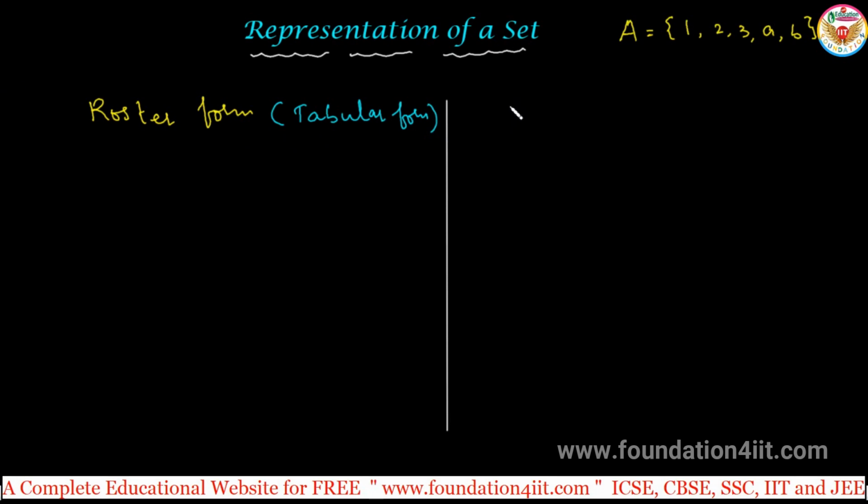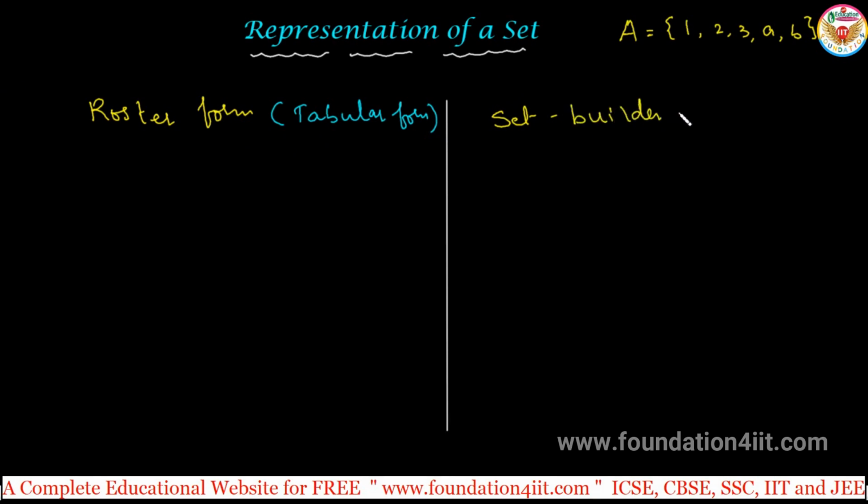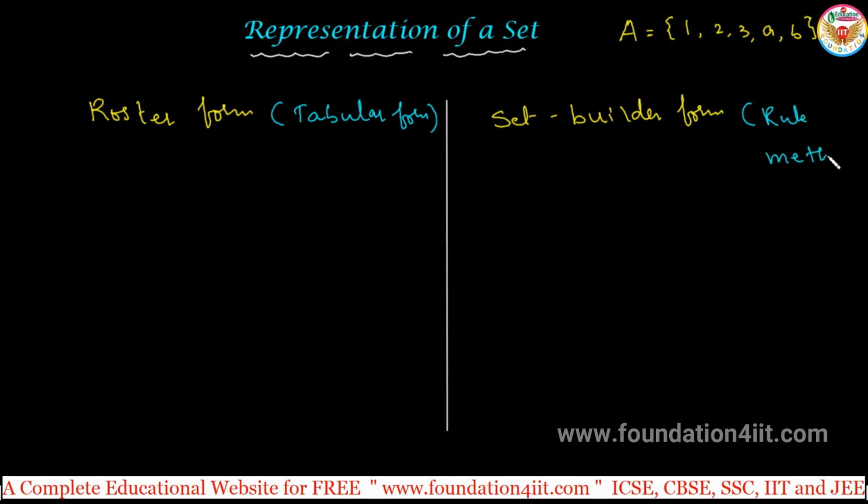And second way to represent is the set builder form. Roster form and set builder form. Set builder form, or we can call it as a rule method. So this is the tabular form, and only to represent the way of representation we can use.